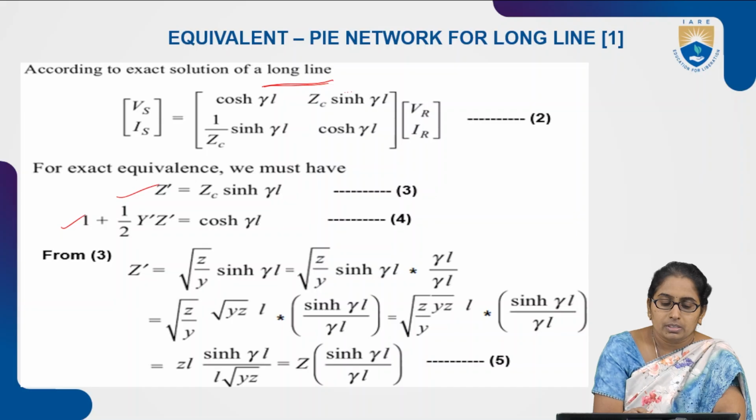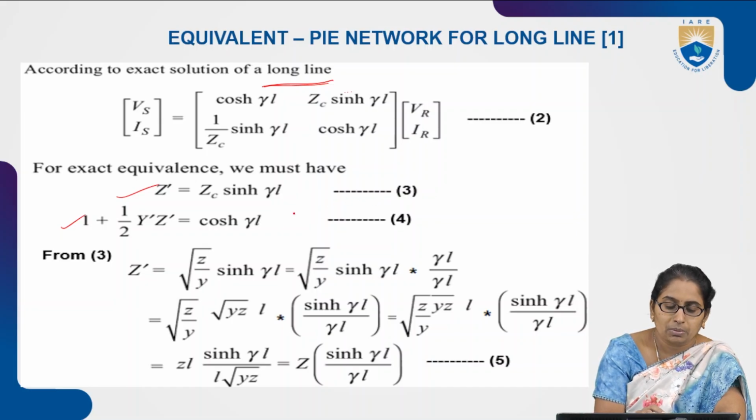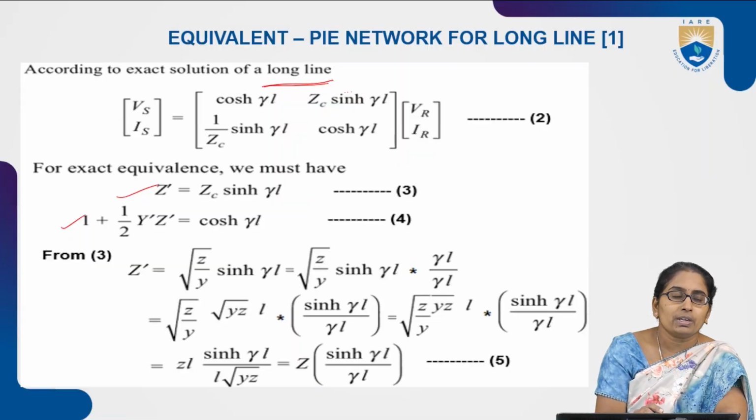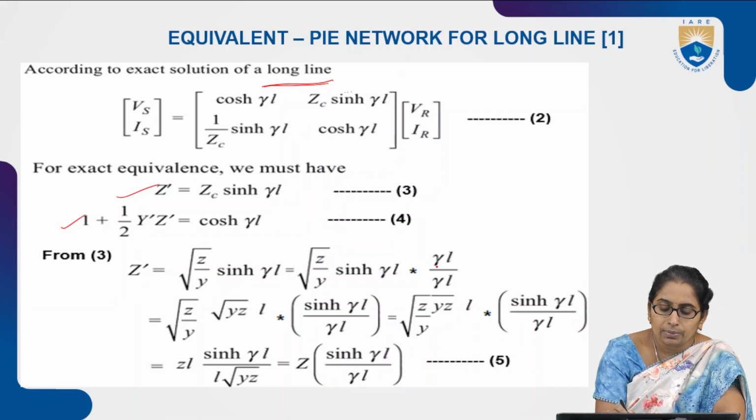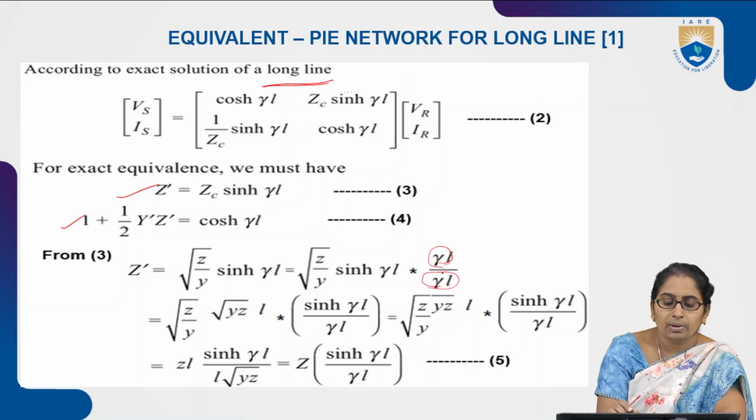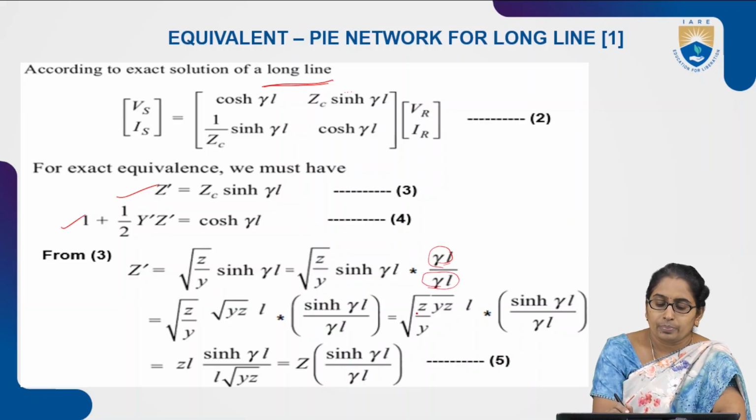Now from equation 4, Z dash is equal to Zc sinh gamma l. What is Zc? We know it is called the characteristic impedance, given as the square root of small z by small y. Now multiply and divide with gamma l.